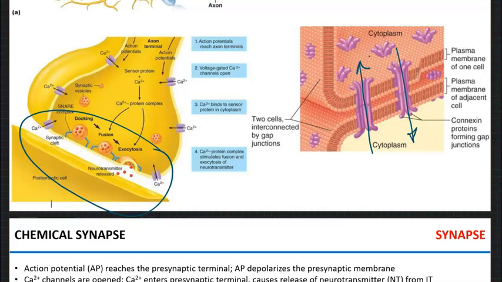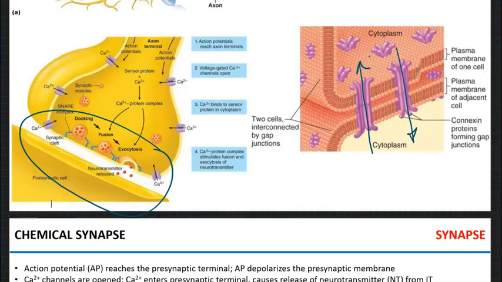I want you to understand a simple thing. Electrical flow, electricity, is a movement of charged particles. They can be charged negatively, they can be charged positively, but if they move, we can say that there is an electrical current.